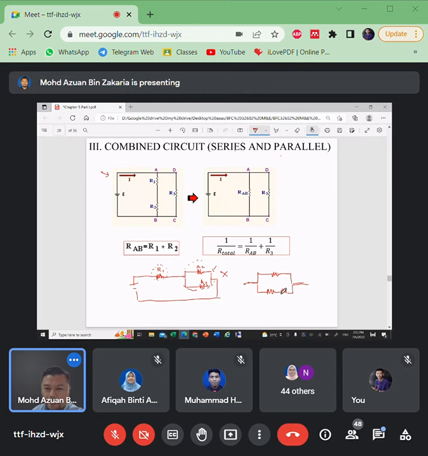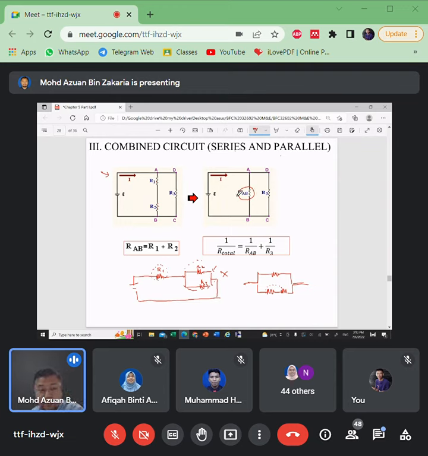So inside a parallel there are two resistances connected in series. In this condition, normally we can simplify it. For example, R1 and R2, we can combine them by summing them up and represent them as one resistance.